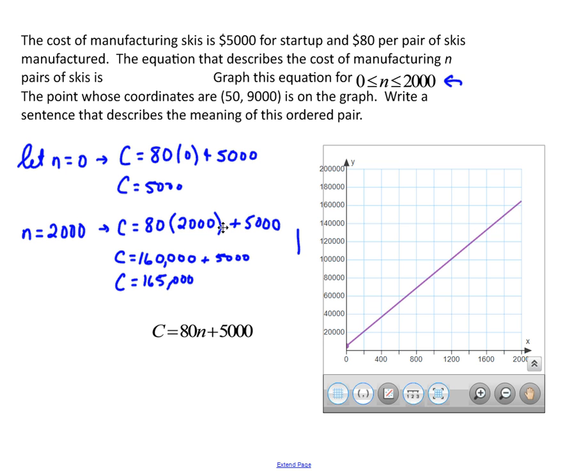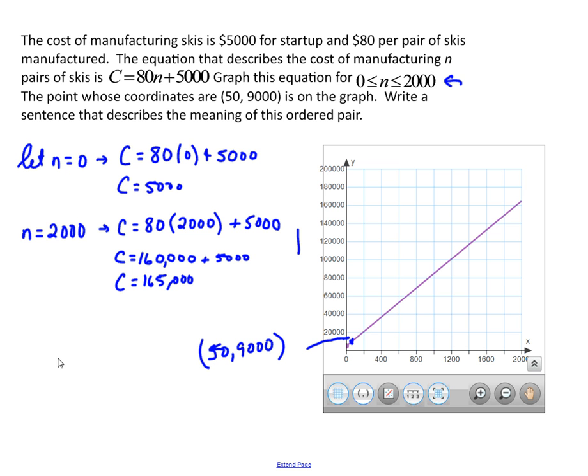It says that the point on the graph (50, 9,000) is on the graph, so we go over here. 100,000, let's see. We've got it in the middle there somewhere. We can't really plot on it, but let's say it's right about down here. Right, we can kind of see where that's at. I'll put it down here just so that we can point out. This would be the point (50, 9,000). Right? If we wanted to plot this out.